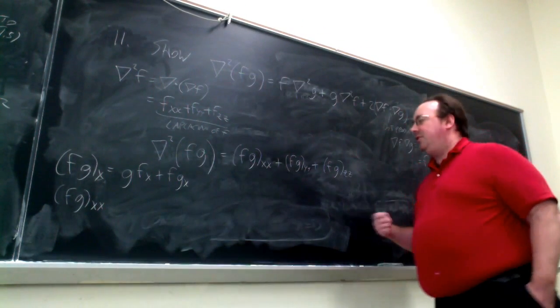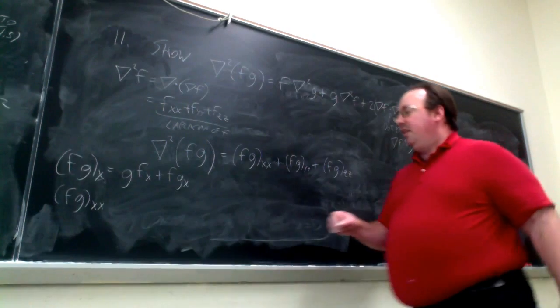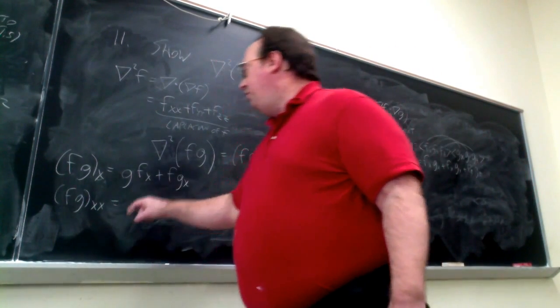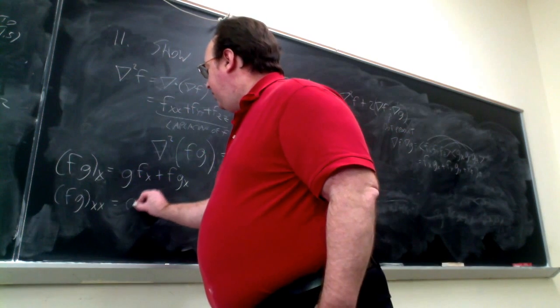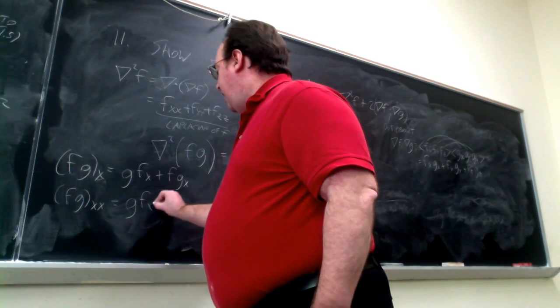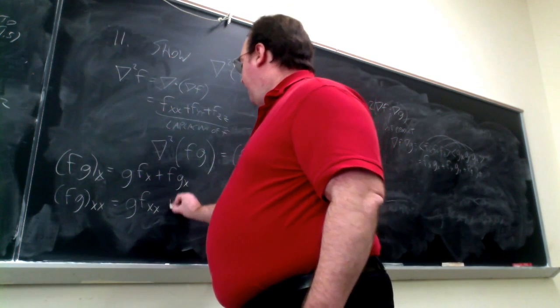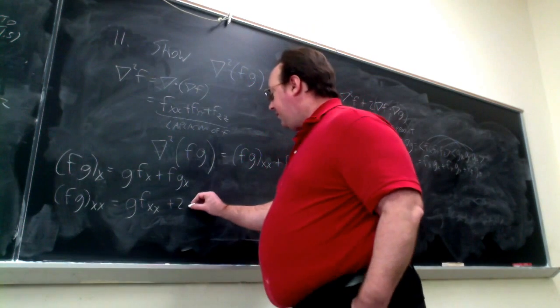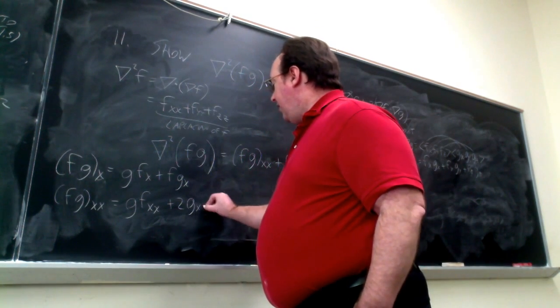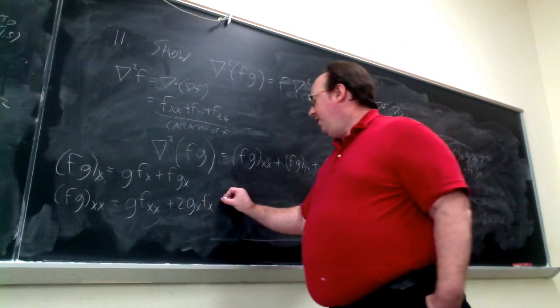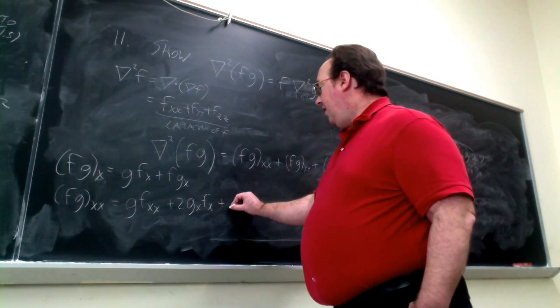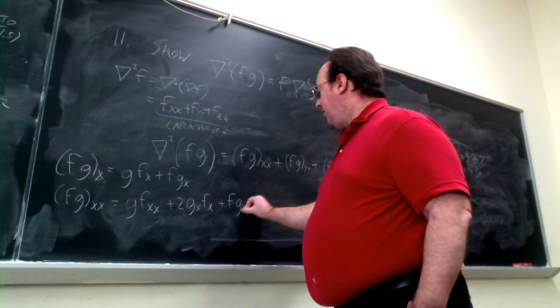Now, if you apply the product rule twice, and in this problem we only need to do it with respect to the same variable twice, you could go ahead and do product rule on this again, or you can remember this. This is g times the second derivative with respect to x, plus 2 gxfx, so here you have a first derivative of both, and then you have fgxx.